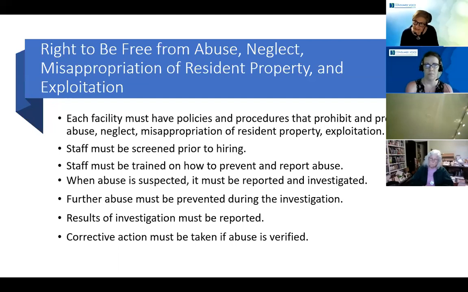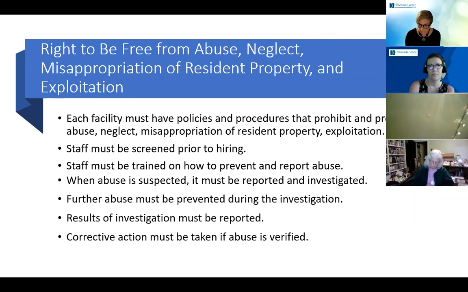While they're doing that investigation, they have to make sure that the abuse doesn't continue and that no other residents are harmed. Facilities have to do that investigation within 5 days, and then they have to report back to the state survey agency what the findings are. And depending on what the findings are, then they have to take corrective action.